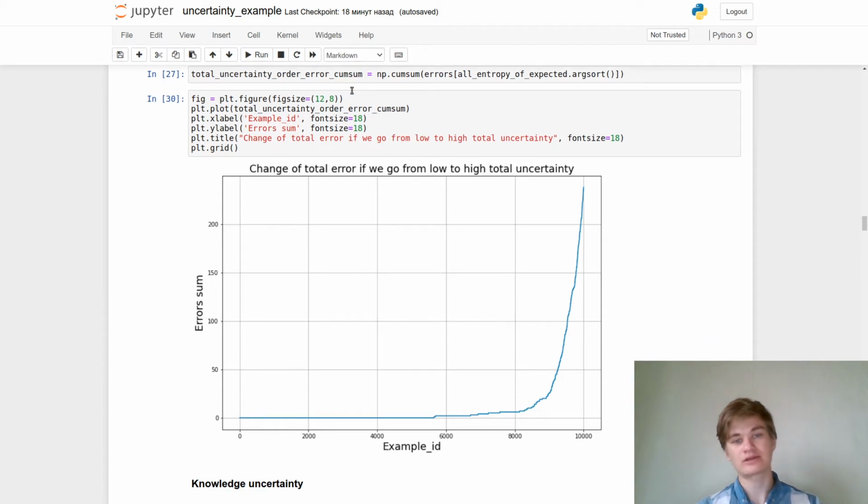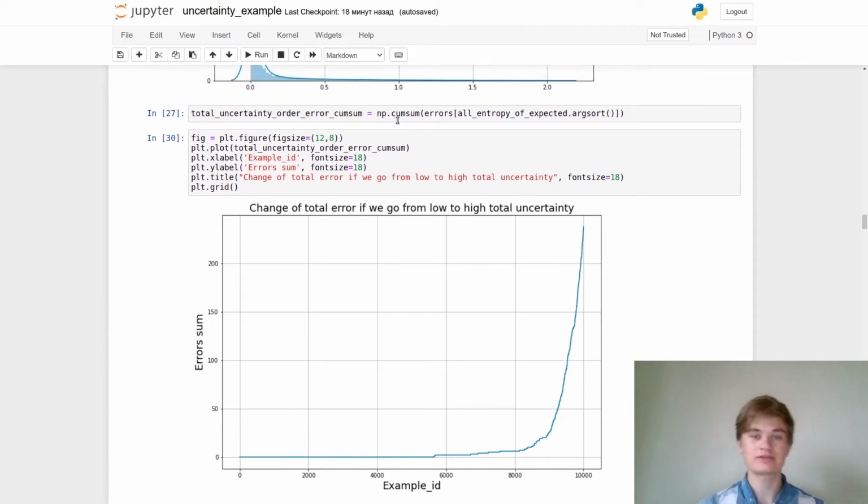Let's calculate cumulative sum of errors in the order of growth of total uncertainty. So we will sort all our predictions in order of growth of total uncertainty.